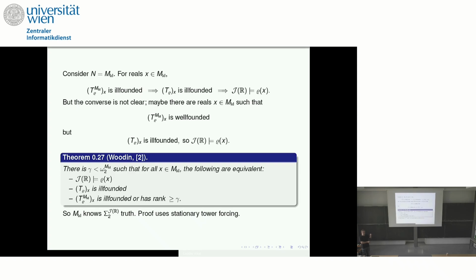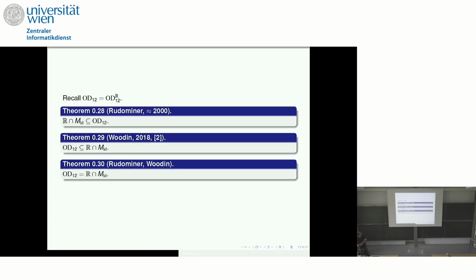So it's a fixed gamma, and ill-founded or rank above gamma means that the true tree is ill-founded, and so you know the Sigma_2 thing is true. Rank less than gamma means that the true tree is well-founded, so you know the Pi_2 thing is true. Okay, so you know the truth from this. And the proof of this uses stationary tower forcing.